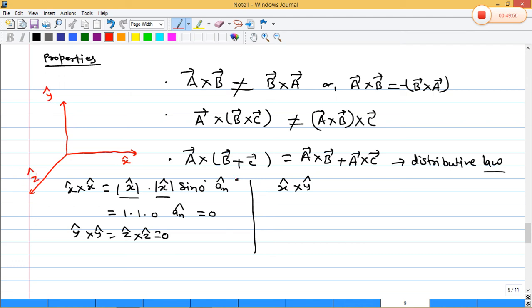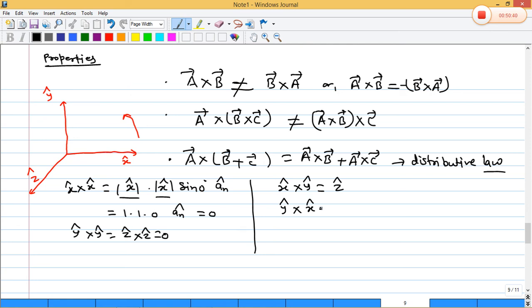So x cross y: in the xy plane we put our palm and cross our fingers from x to y and check the direction of the thumb. The direction of the thumb will be upward, and upward is the z direction. So it gives z cap.